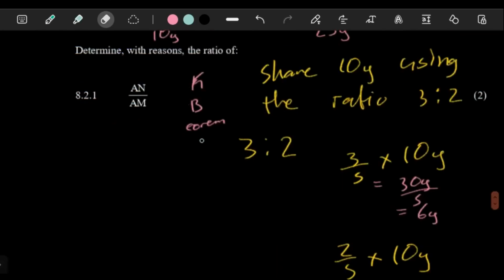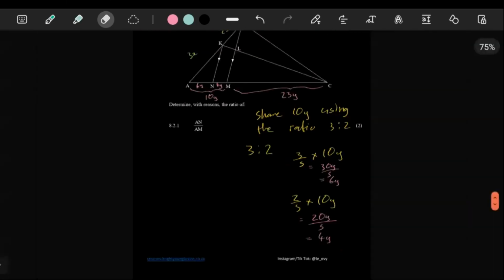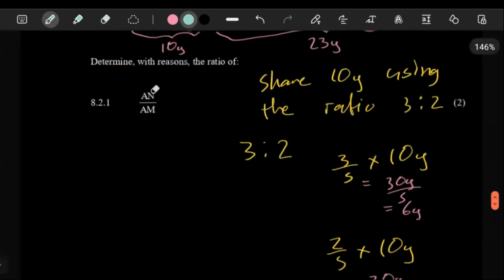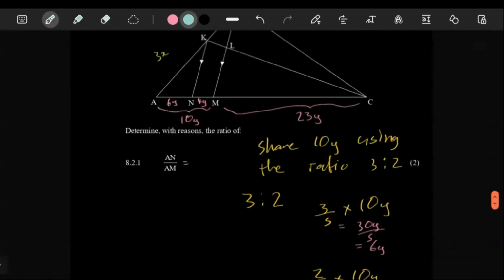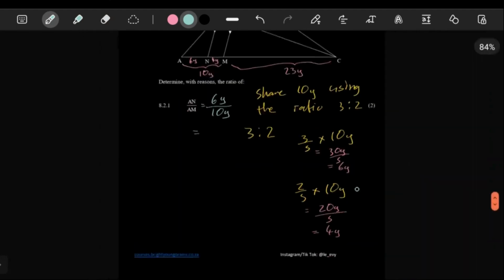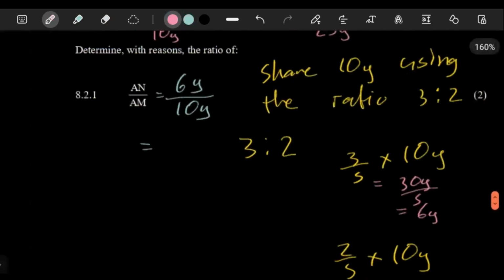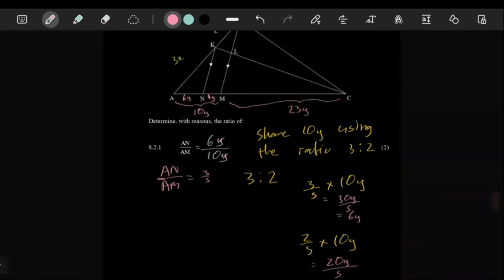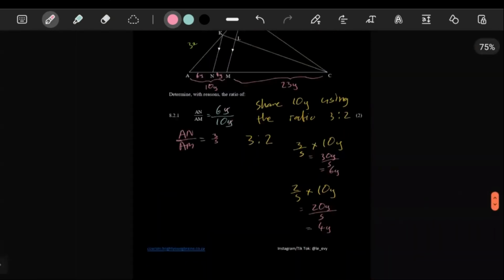Without having to write all we have written here, we can easily say AN over AM is just going to be 6y over 10y, based on what you would have written out here. Then y cancels y, and 6 over 10 is just 3 over 5. You still end up with the same thing. So what we did here was overkill, but we've given ourselves more information for the next question.